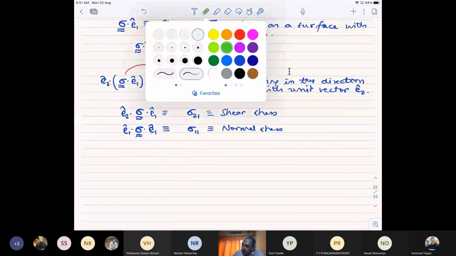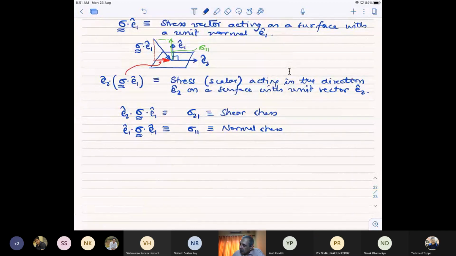So this is the normal stress, which is the force per unit area acting on a surface with unit vector E1, in the direction also of E1.